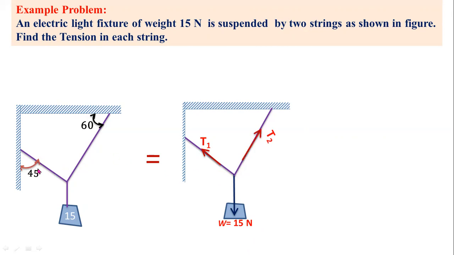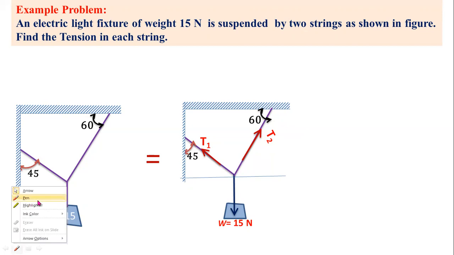Now you have to consider these two angles as they are, 45 degrees and 60 degrees. These are the two given angles. From this triangle, you can observe that the angle here is 90 degrees, so this is a right angle triangle.